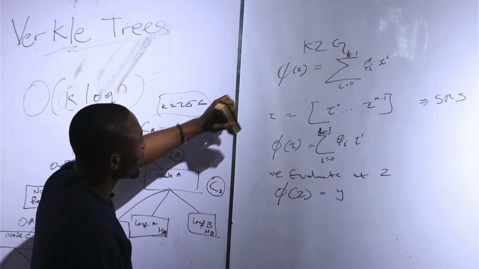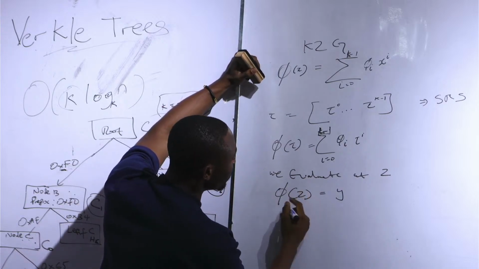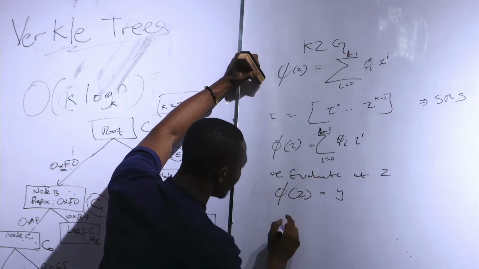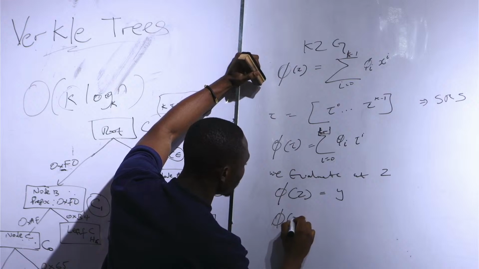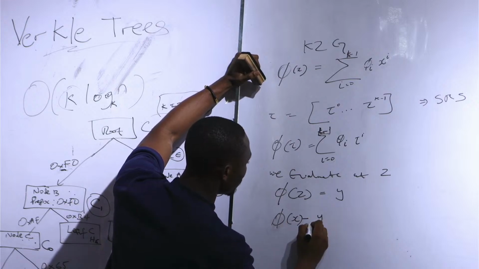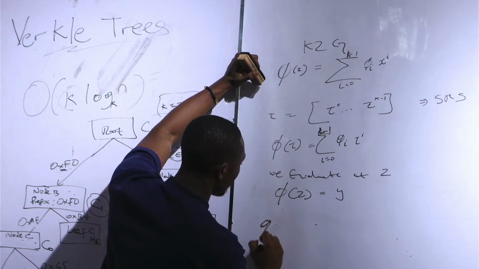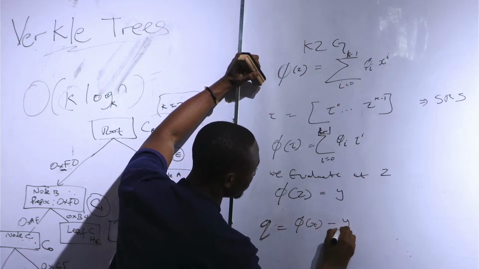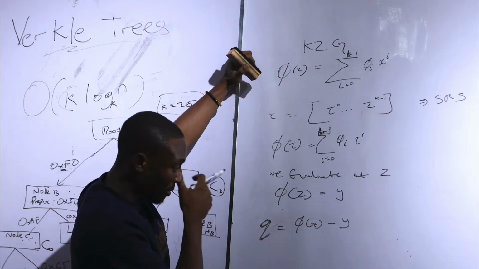we can create a new polynomial like that. Phi of x minus y, let me call it q. Yeah, I can create this new polynomial.